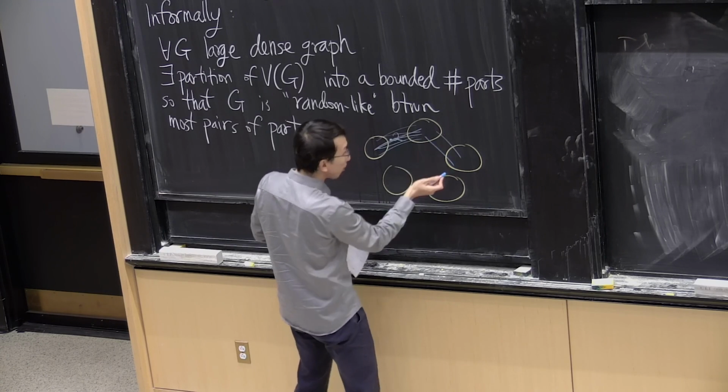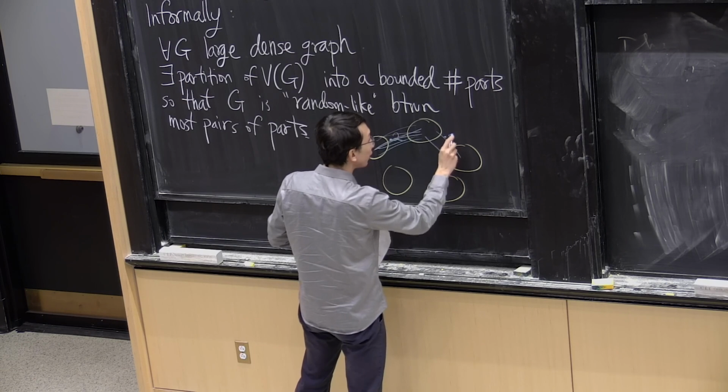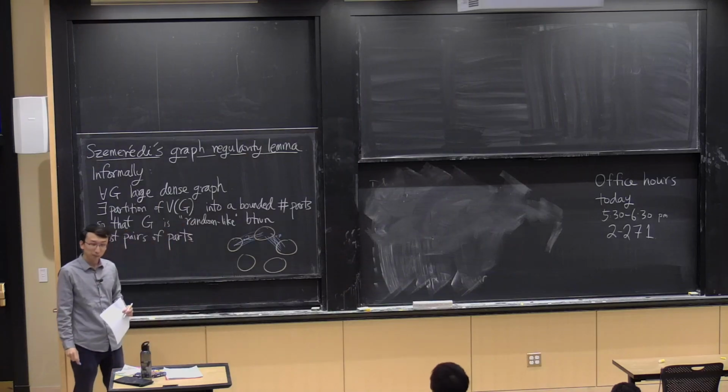And if you look at what the graph looks like between another pair of parts, maybe now it's a different edge density, maybe it's around 0.4, and again looks like a random graph with that density.